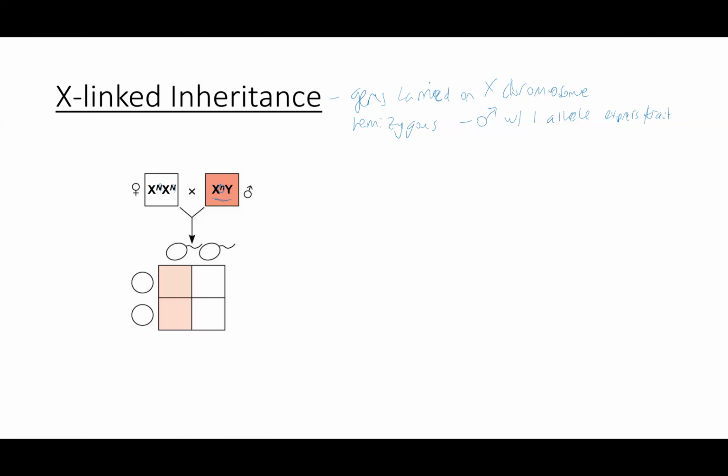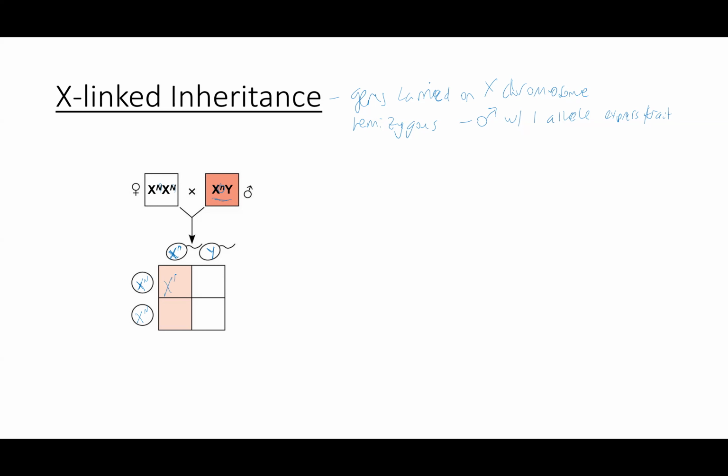So this male can pass on the X chromosome with the recessive gene or the Y chromosome to the offspring. And the mom can pass on the X chromosome with the dominant gene. When you fill in this Punnett square, you have to include the sex chromosomes.